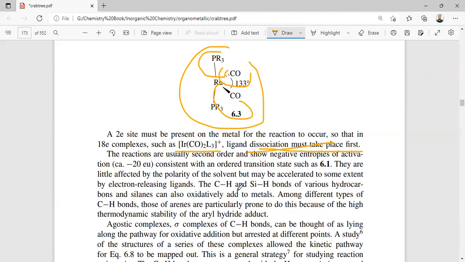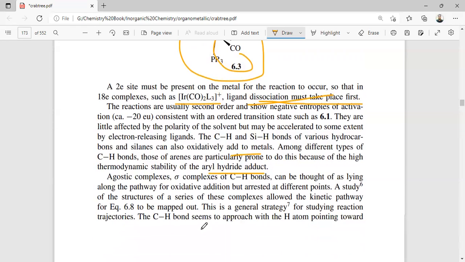So the C-H and Si-H bonds of various hydrocarbons and silanes can oxidatively add to metals. Among the different types of C-H bond, those of arenes are particularly prone to do this because of the high thermodynamic stability of the aryl hydride product. A sigma complex of a C-H bond, an agostic complex, can be thought of as lying along the pathway of the oxidative addition, but arrested at a different point.